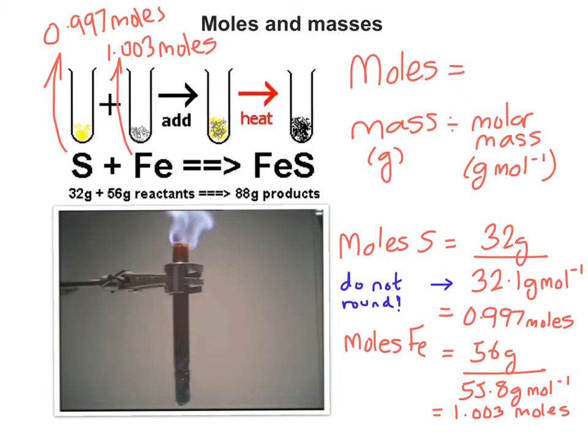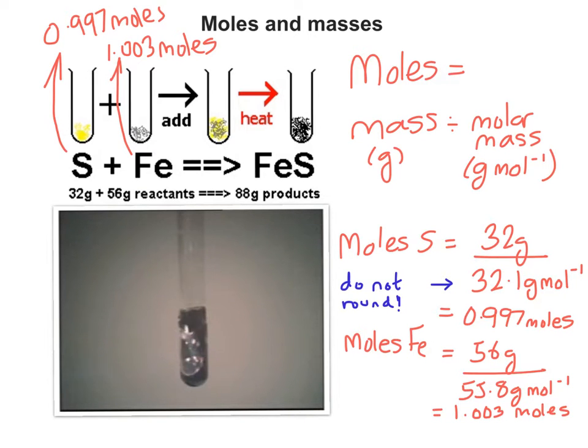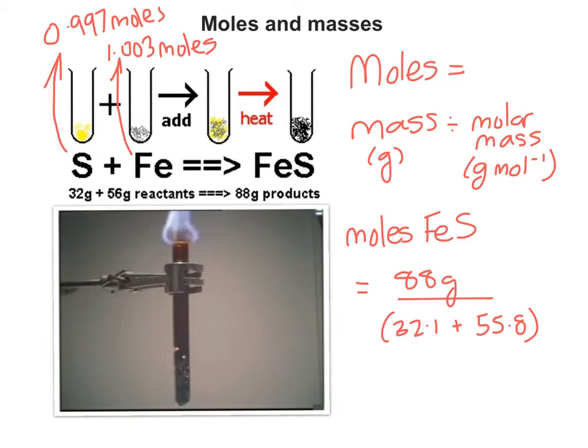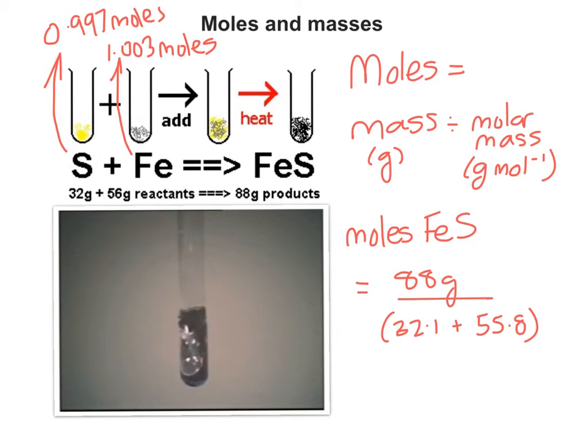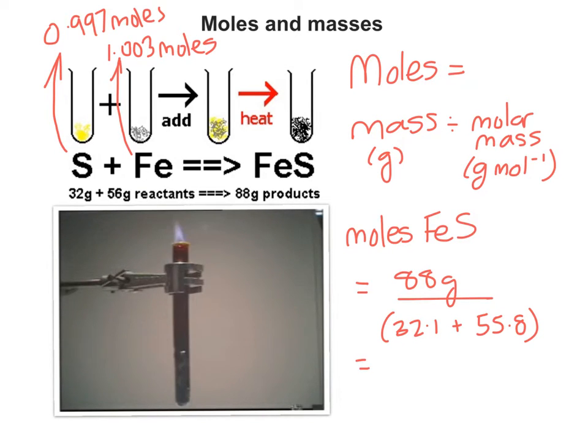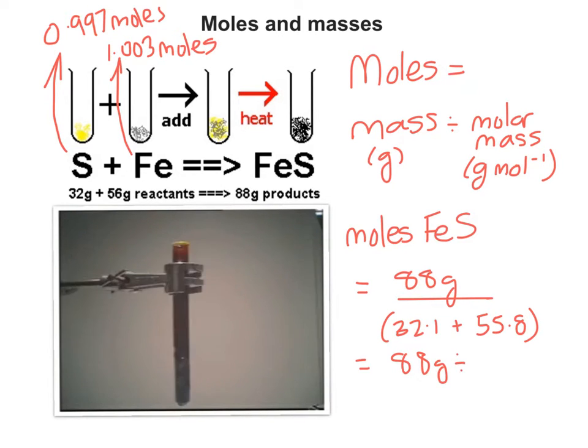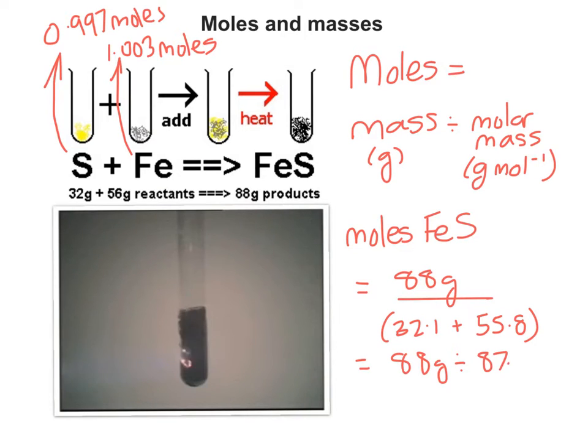So how many moles of iron sulfide do we get? What we do is we divide our 88 grams by the sum of 32.1 plus 55.8. Just putting that into my calculator, that gives me 87.9 grams per mole. 88 grams divided by 87.9 grams per mole to the minus 1.